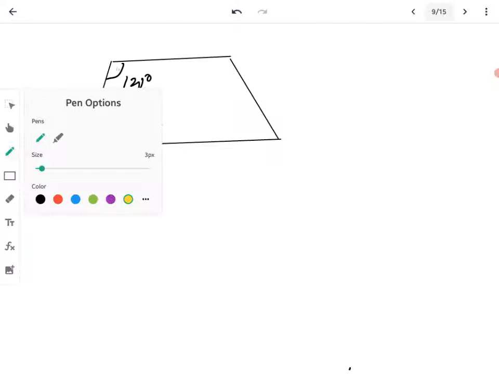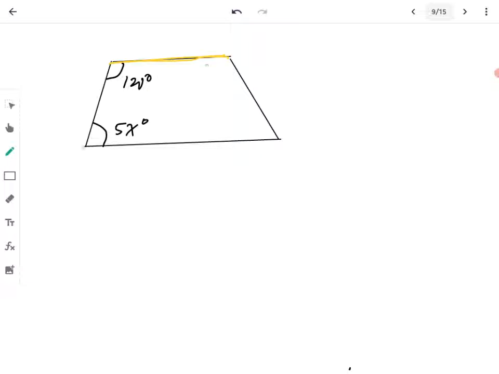We know that these are parallel, and this acts as a transversal. So notice that they become consecutive interior angles. So we say 120 degrees, and we know from the previous lesson that when we add consecutive interior angles, they are supplementary.